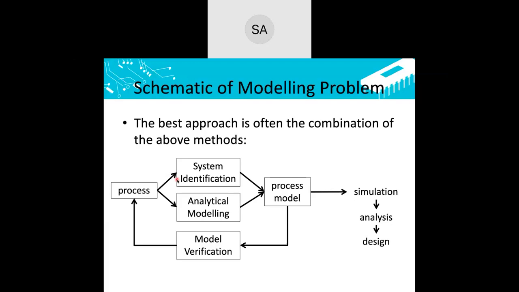There are some systems where some part of the process can be written in a mathematical way, but some part of it you cannot represent mathematically. So we can use a combination of both methods: partly analytical modeling and partly system identification, and the combination of these is going to solve the whole process. When you model the process, you then need to verify it with the actual process.